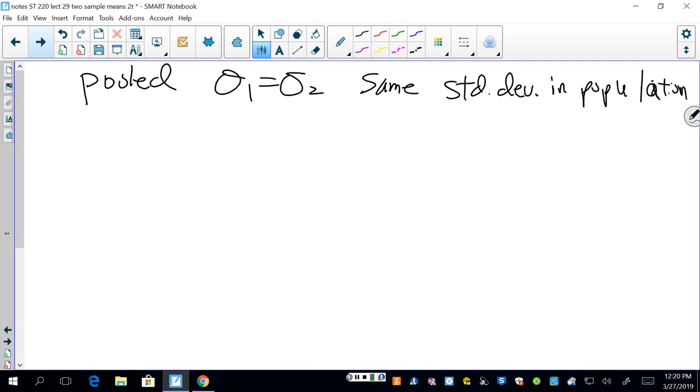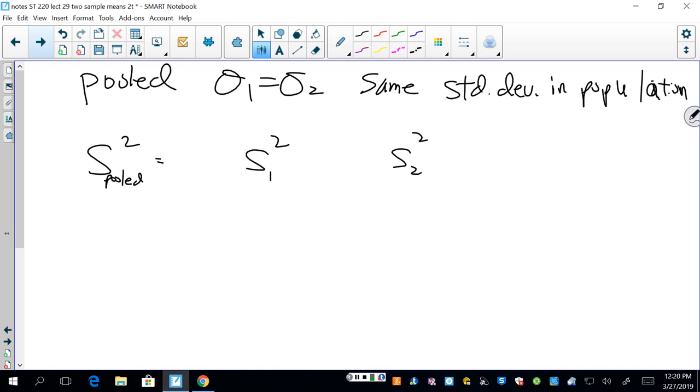So the thing to do is to give a pooled estimate of variance. We have the first standard deviation squared and the second one squared. If both are estimating the same thing, we'd like to put them together.